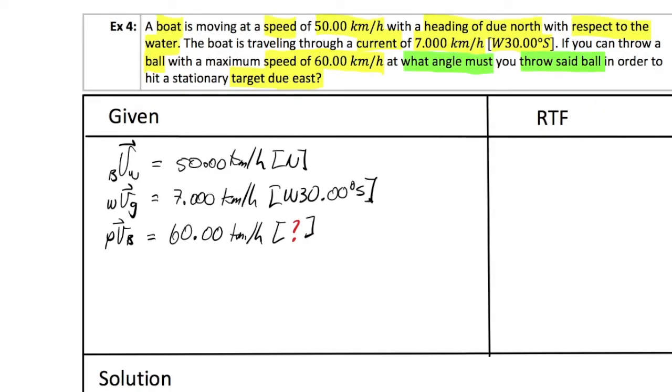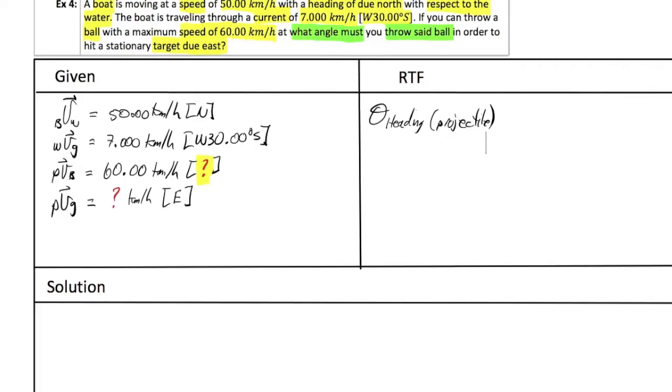The projectile's velocity with respect to the ground, although it has an unknown magnitude, does have a known direction, which is east. So what we're looking for is this angle right here for the projectile's velocity with respect to the boat, the heading of the projectile. It'll be more clear what angle that is when we make our vector equation and the short names for our vectors.